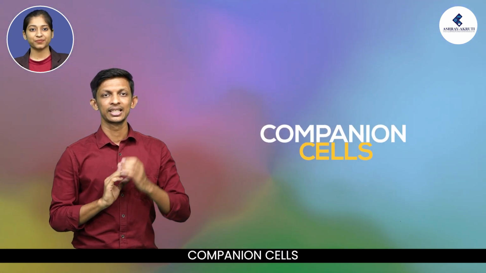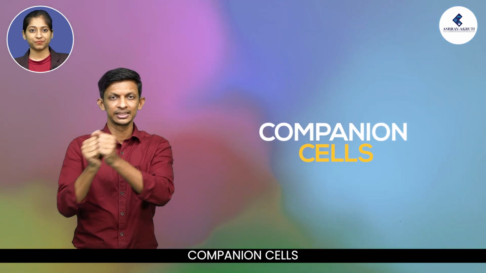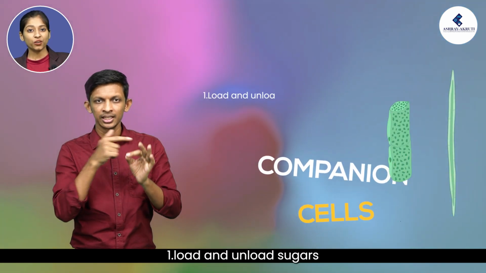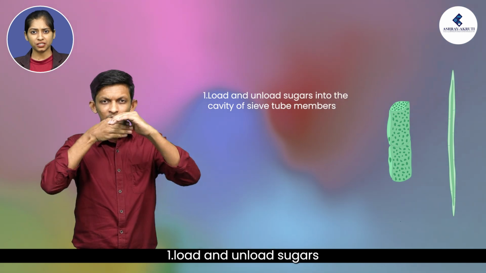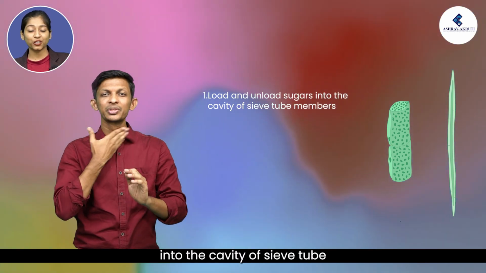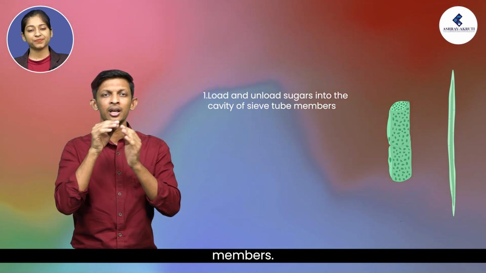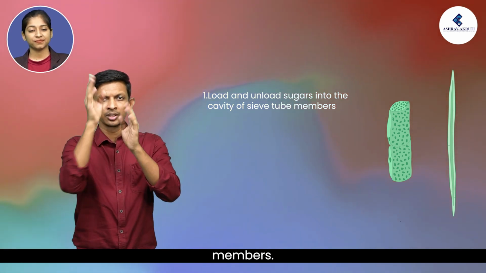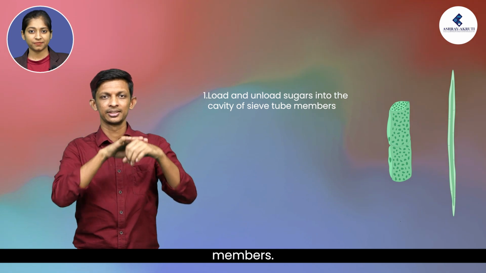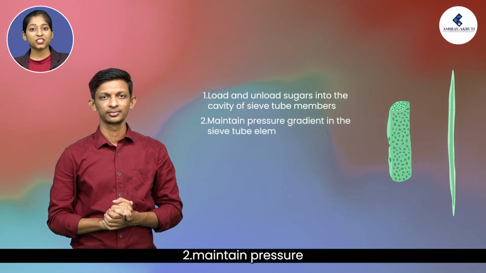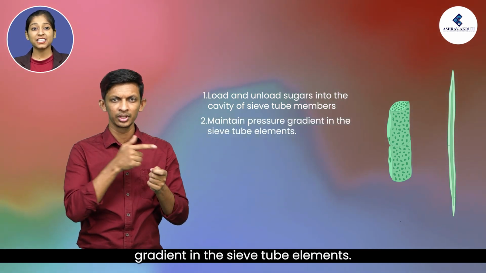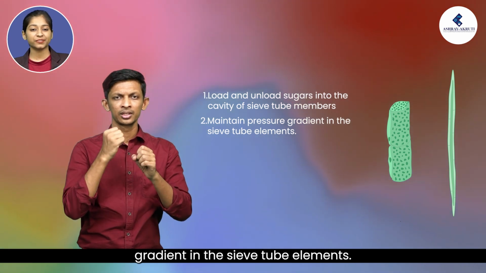Companion cells. Load and unload sugars into the cavity of sieve tube members. Maintain pressure gradient in the sieve tube elements.